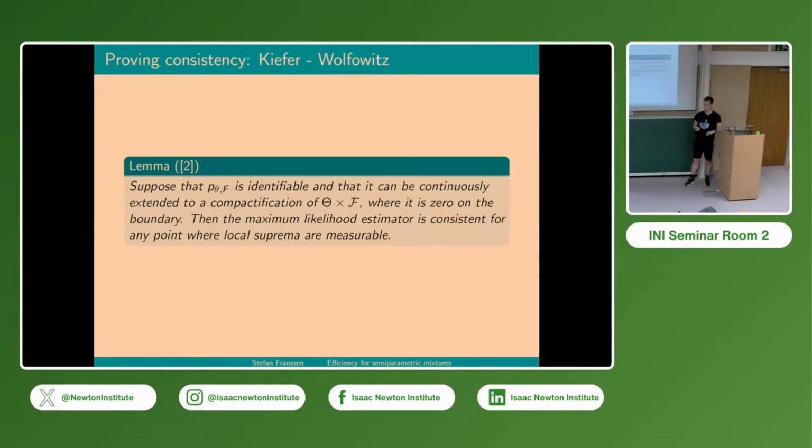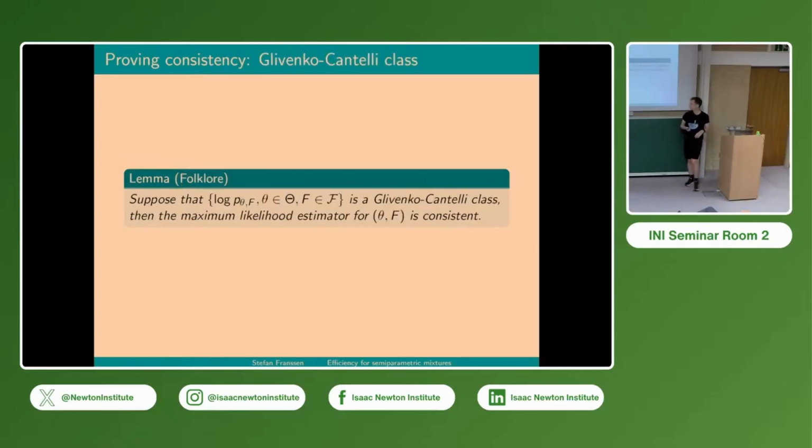Then there's another lemma, which is basically folklore. I have never seen an actual proof of this, but everybody who works in semiparametric inference knows it: you can just assume that the log likelihoods form a Glivenko-Cantelli class. That means that the averages will converge almost surely to the means uniformly.